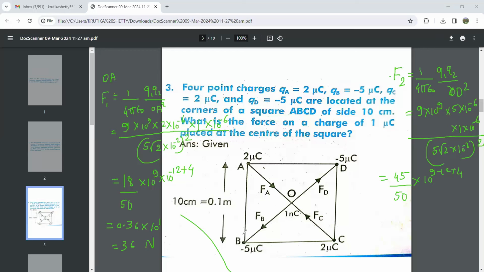And this side you will get it as 0.9 into 13. 13 minus 12 is minus 1. Sorry, plus 1 only, plus 1.